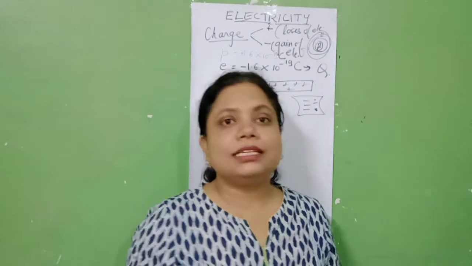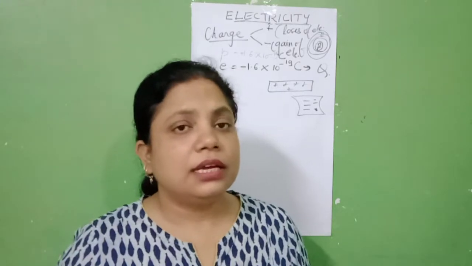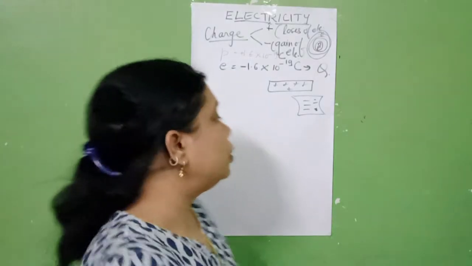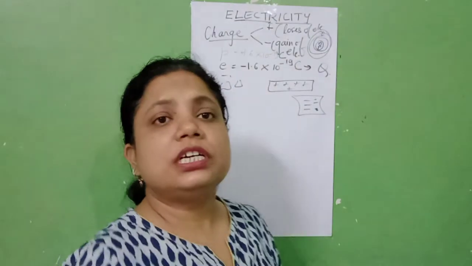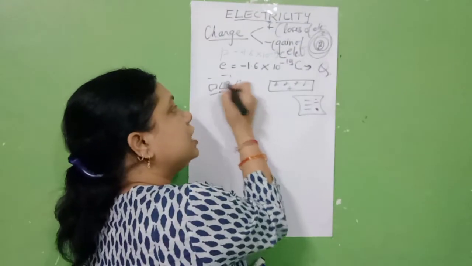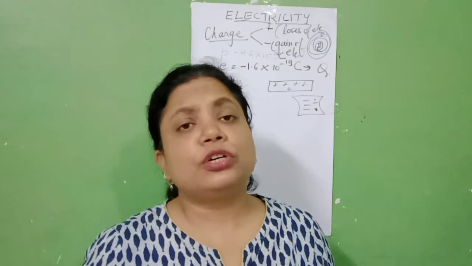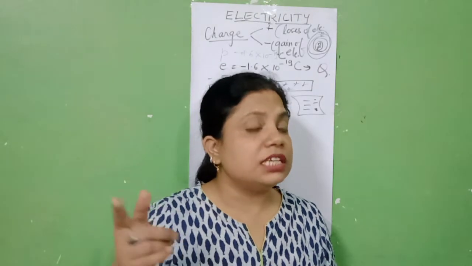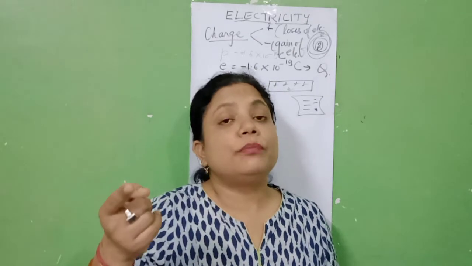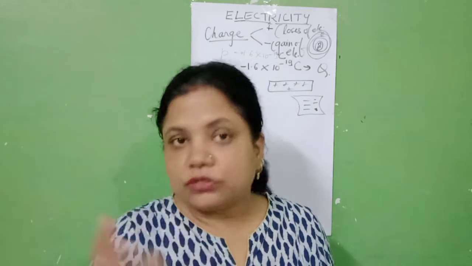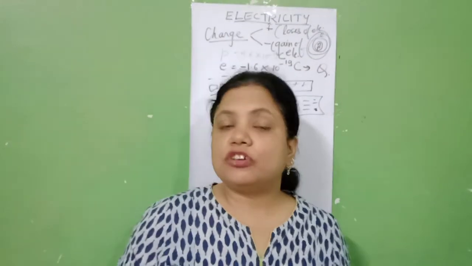Now students, another example is when we rub a comb on my hair and bring the comb near bits of paper, you will observe the comb will attract these bits of paper, right? Because the hair loses electrons and the comb takes the electrons, so it has a negative charge and after then it attracts the pieces of paper.